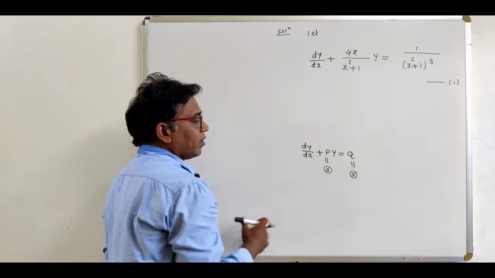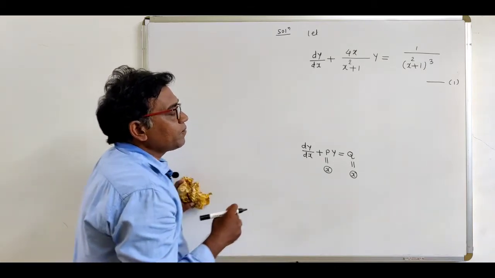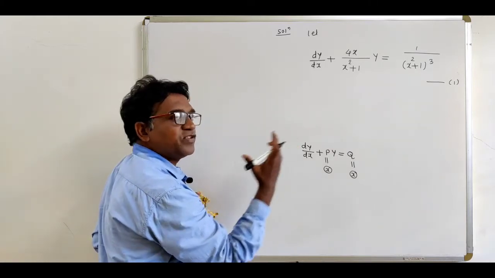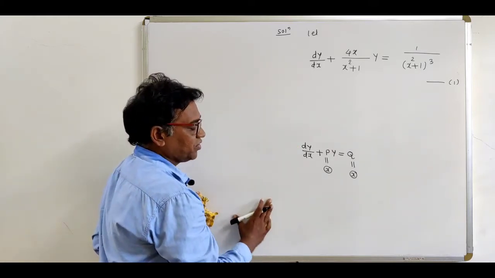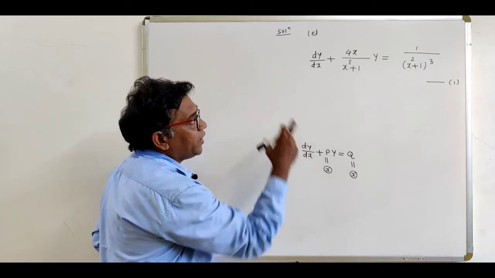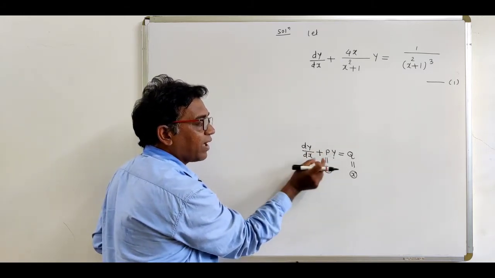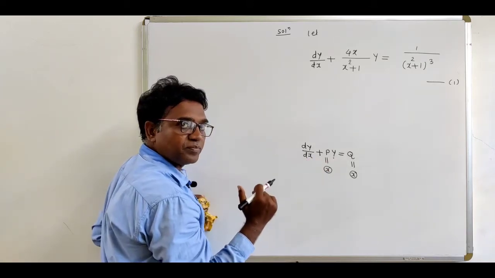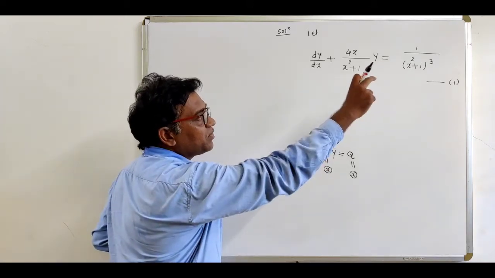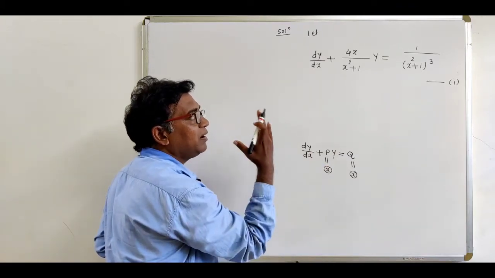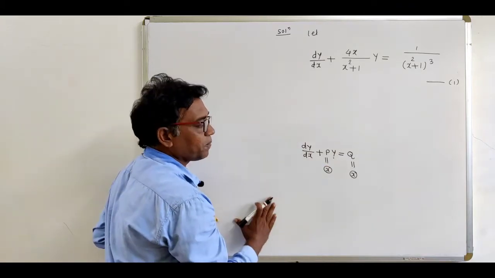Now see, how to identify a linear differential equation? This is the identification: if the differential equation contains just a single y, then it may be a linear differential equation.